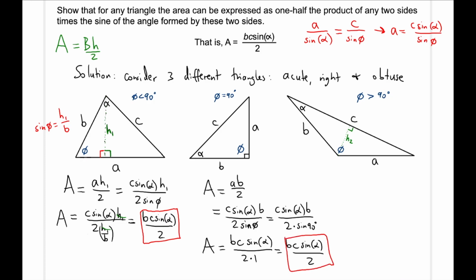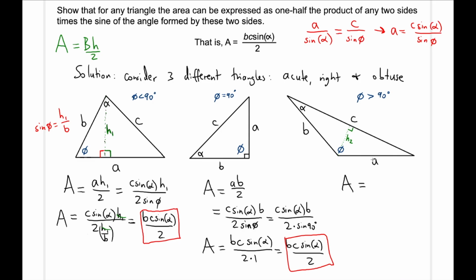Now we're left to prove that this formula holds for the obtuse triangle, in which the phi angle is greater than 90 degrees. So how are we going to write the area formula here? Notice that the base is taken by C this time. Our base has changed roles, right? First it was the A, then it was the B, now it's the C's turn to take the large B in its place.